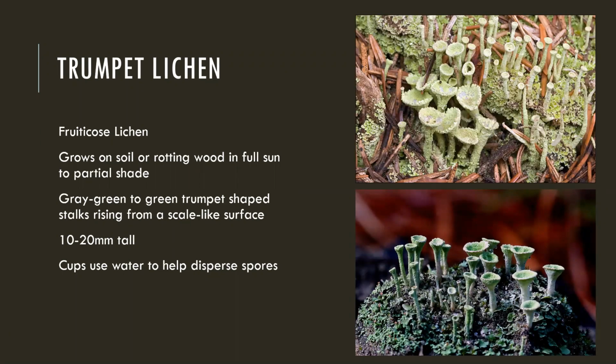Trumpet lichens are these little tiny gray-green, trumpet-looking lichens that grow on soil or rotting wood in full sun or partial shade.